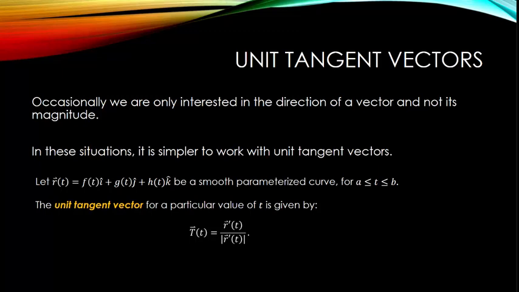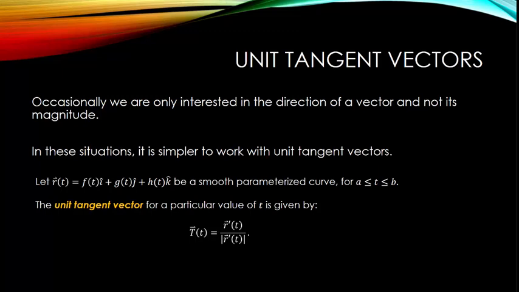There are times when I may only be interested in the direction of the vector and not its magnitude. And in these situations, it is usually simpler to work with unit tangent vectors. So let's let my r vector be given by f of t i hat plus g of t j hat plus h of t k hat, and we will assume it's a smooth parameterized curve over the interval from a to b.